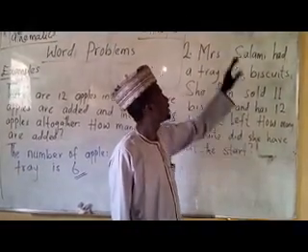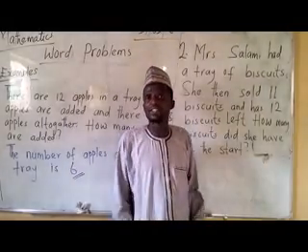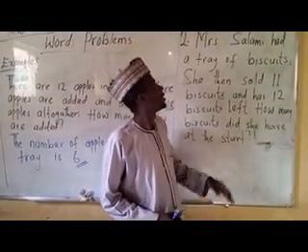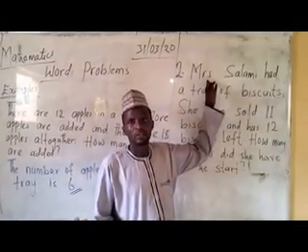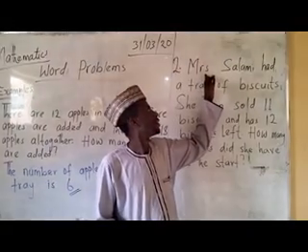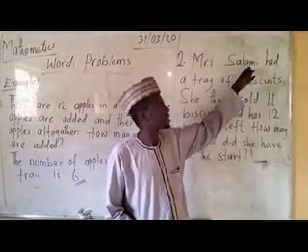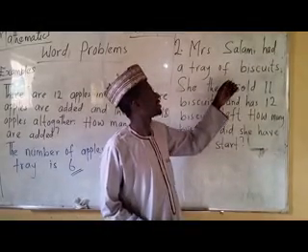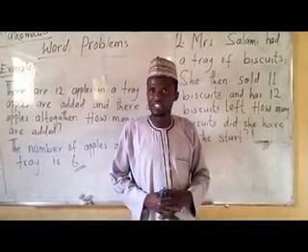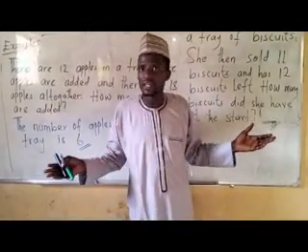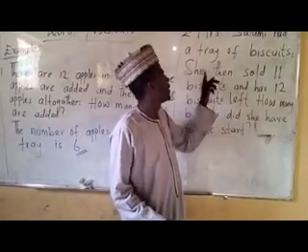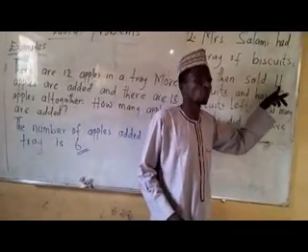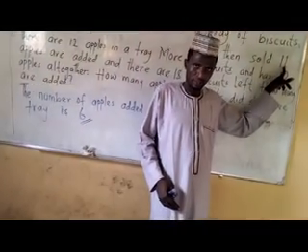So here, if we look at this statement, there's a business woman called Mrs. Salami. So she has some number of biscuits, but we don't know the number of biscuits. But we were told that she sold 11 biscuits.